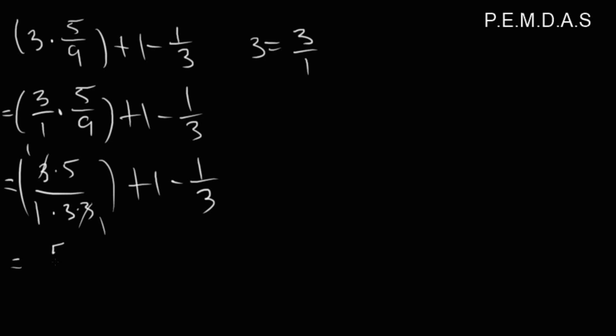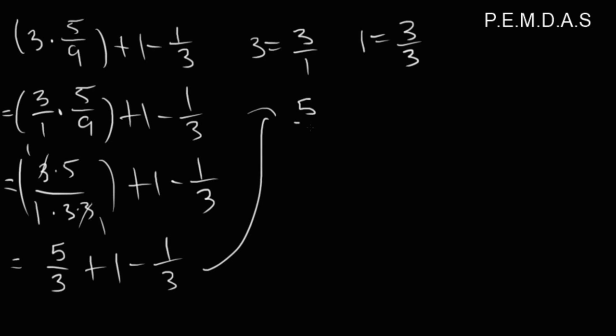That's going to give me 5 over 3 plus 1 minus 1/3. And so we can also note that 1 can be written as 3 over 3. Anything divided by itself is 1. So I have 5/3. Now change that: that's a 3 over 3 minus a 1 over 3.